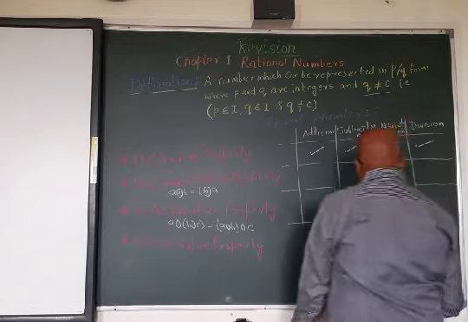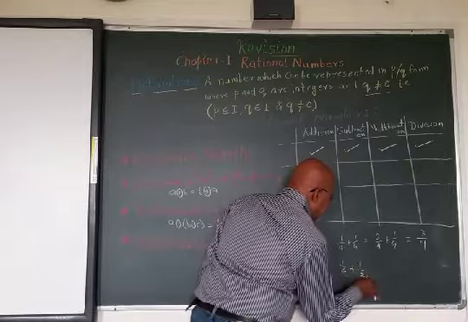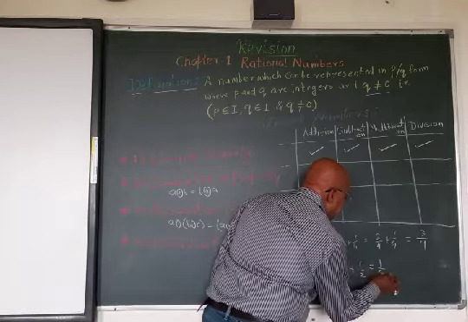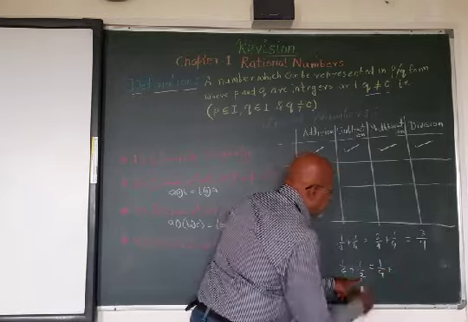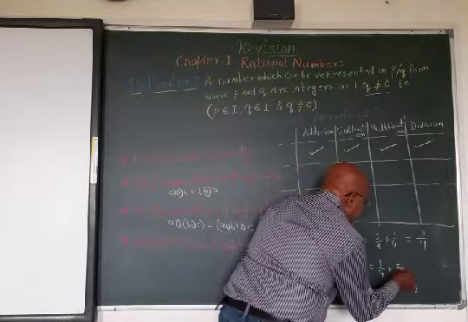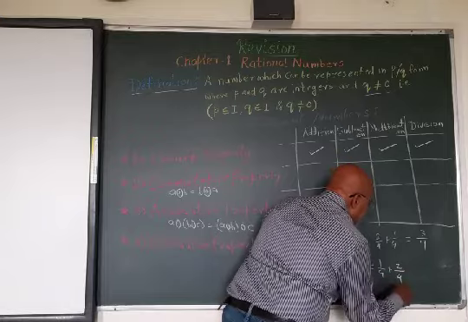If we change the sequence, 1 by 4 plus 1 by 2 equals 1 by 4 as it is, plus here we have to make 2 as 4, so multiply by 2, so 2 ones are 2, 2 twos are 4.